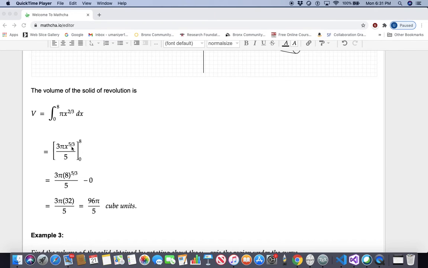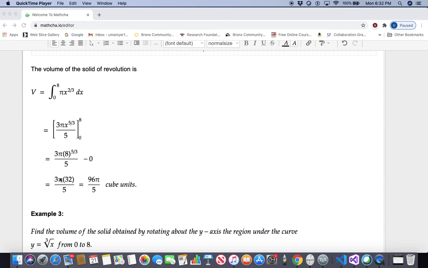Substituting 8 for x, power 5 over 3 means you take the cube root, third root, and then power 5. Third root of 8 is 2, power 5 is 32. So 3 times pi times 32 over 5. So that is 96 pi over 5 cubic units.